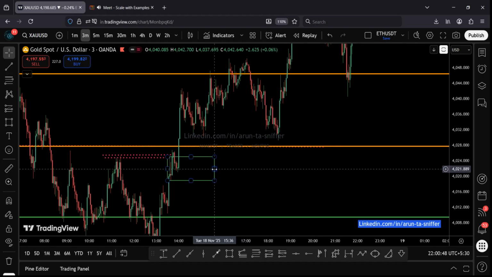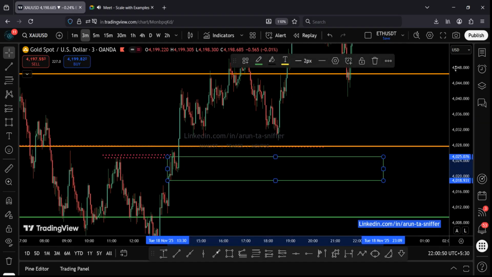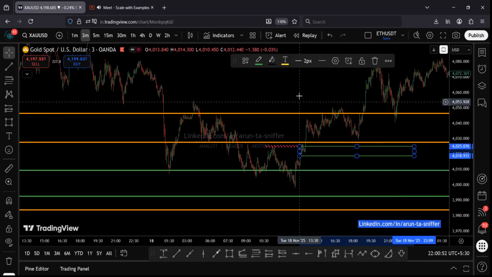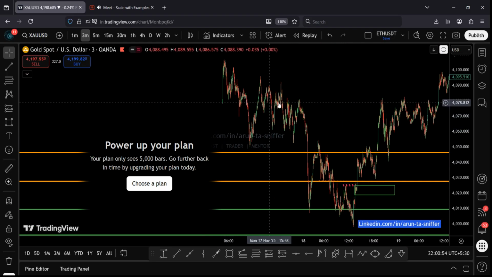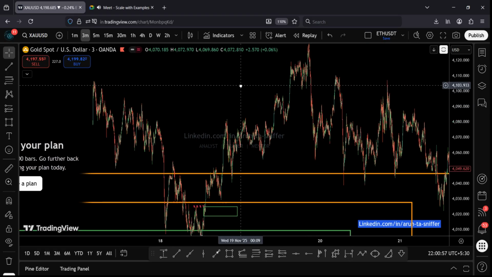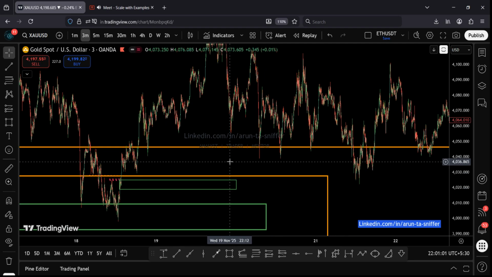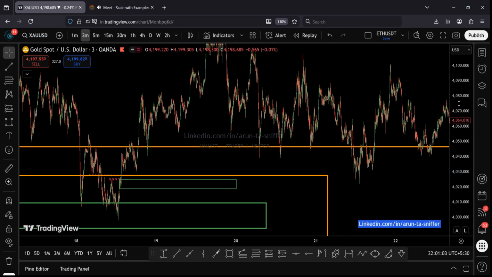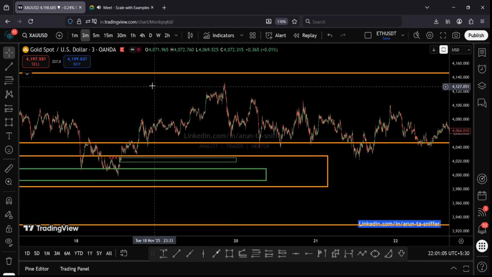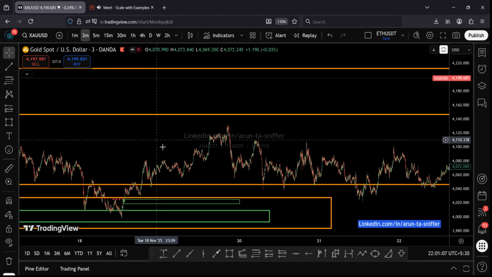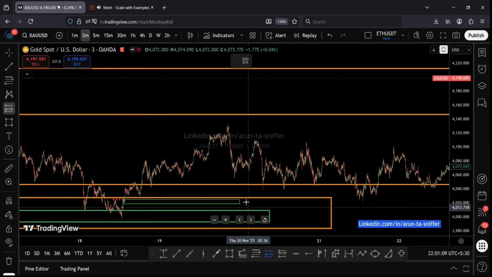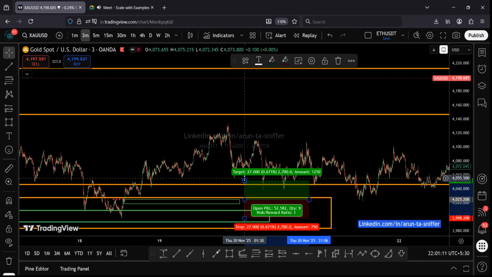This will be our entry, and our target will be the same as the 4H zone, right? Where is our 4H zone? The first target, the origin, is here. Let's see what we are going to do.